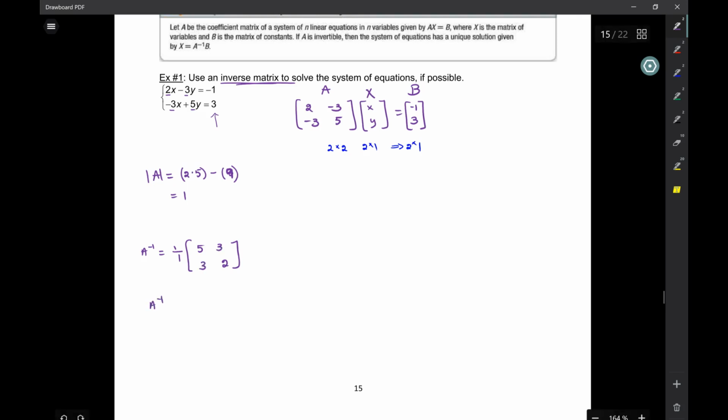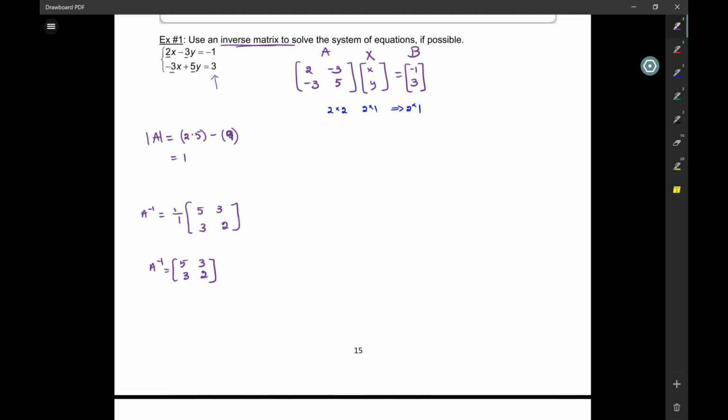So A inverse is just 5, 3, 3, 2. Well, they were negative and they flipped signs. So to find an inverse, the main diagonal, they switch seats. These stay where they are, their signs just switch. You just multiply them by negative. Remember? From section 2.